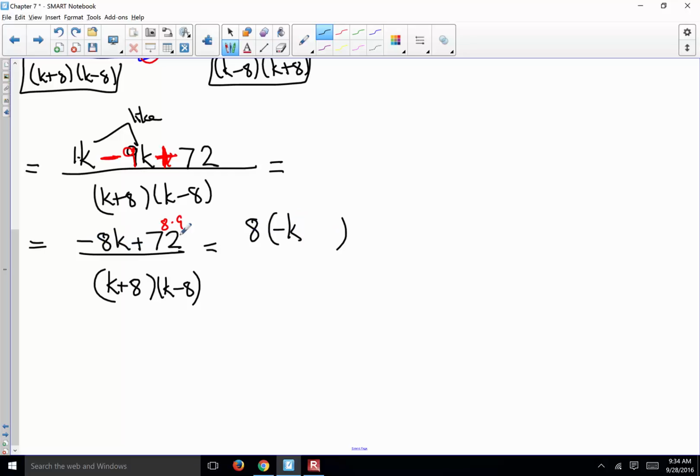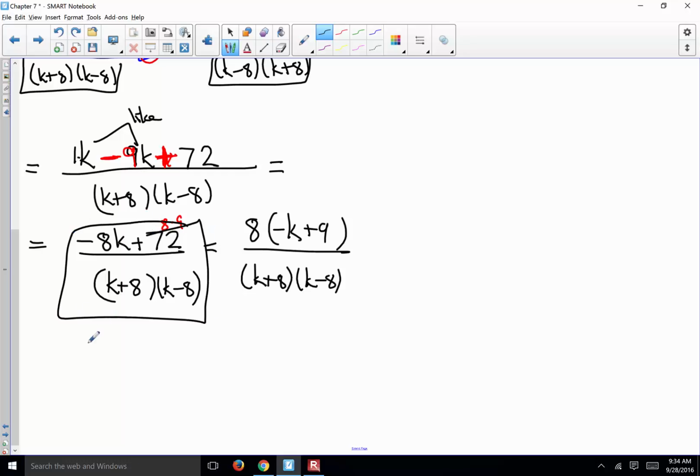There's still a minus there. And 9. However, is there any cancellation happening? You factored it, but did it yield any kind of cancellations? No, no cancellations. So you can stop here. This is your answer. You don't have to do this because no cancellations.